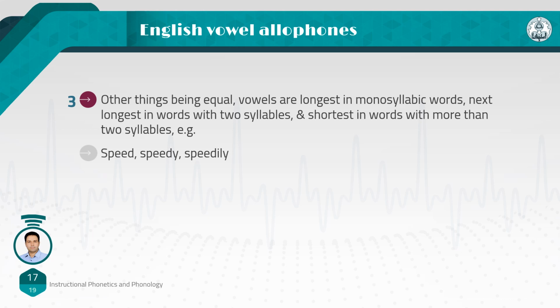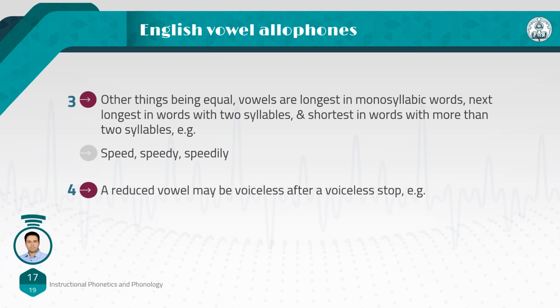Speed, speedy, speedily. If you pay attention to the length of the vowel, you can understand that it becomes shorter and shorter as I go on. Speed, this is the longest. Speedy, shorter. Speedily, this is the shortest. And the reason is the number of syllables in each word.